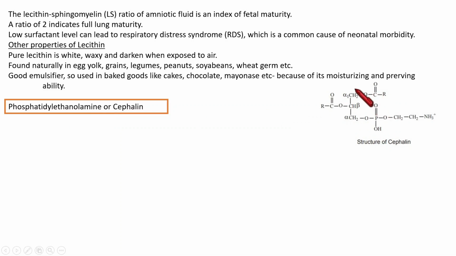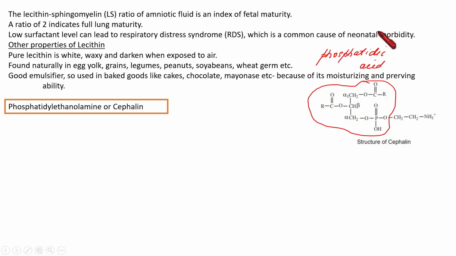Look. Glycerol we can see, to this one fatty acid, another fatty acid, and phosphoric acid, and we have learned that this much will make up the simplest phospholipid, that is phosphatidic acid. And to this phosphatidic acid comes that additional group here.